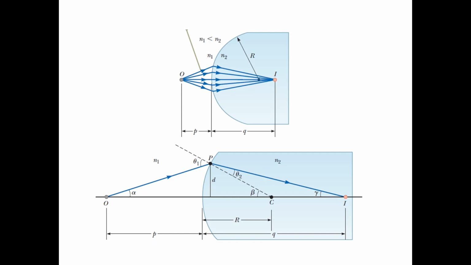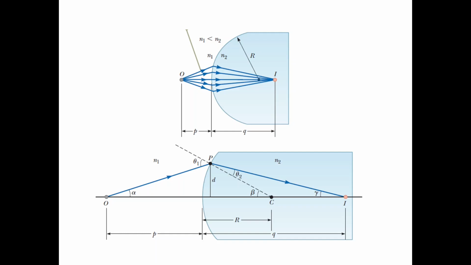So now, when we operate with these angles, we can represent them with these distances: the distance from the object to the interface, also the distance from the interface to the image, and also here is our radius of curvature.